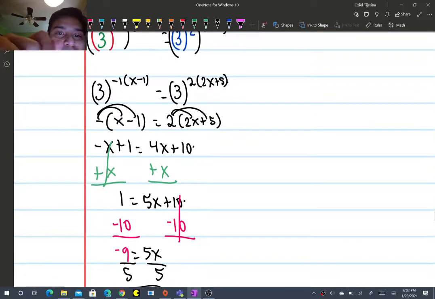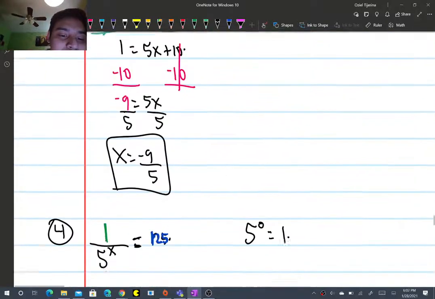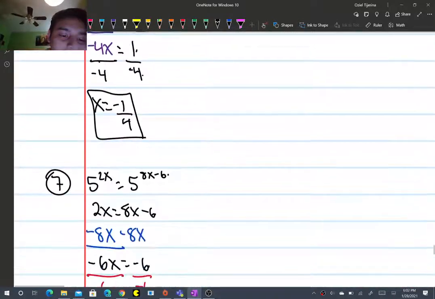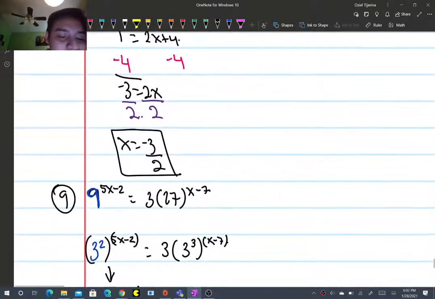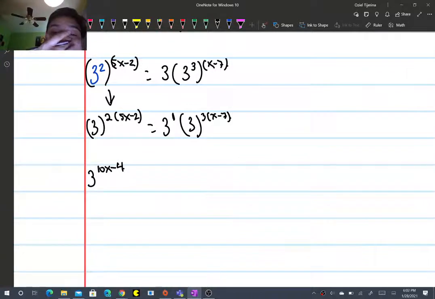It doesn't really matter as long as it's done at some point. So you can say 3 to the 10x minus 4 is equal to 3 to the first.